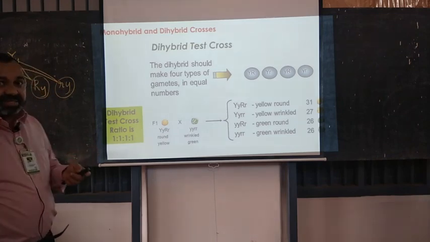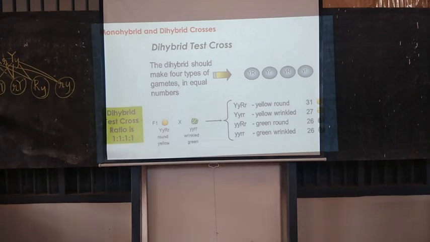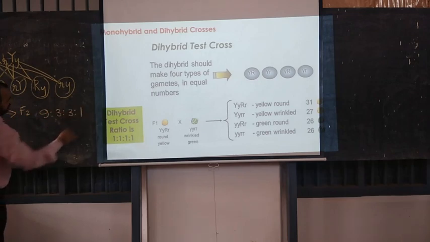And we get the progeny, the F2 generation, when F1 is crossed with F1 to produce F2. The final result is we get the 9:3:3:1 ratio.